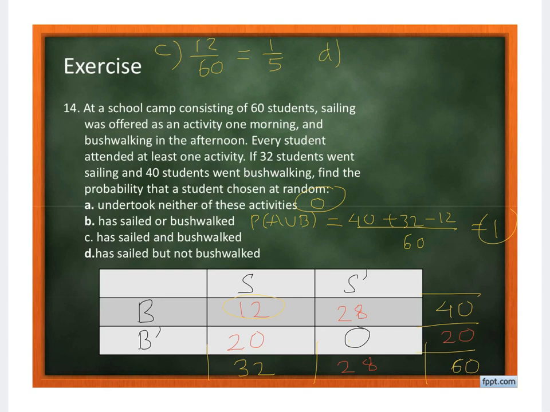Letter D, has sailed but not bush walked, is this one. So D is 20 over 60, 1 over 3.